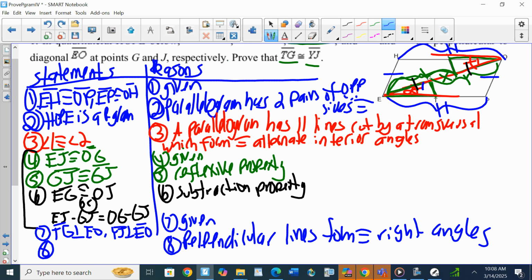Well, this is the right angle in the triangle formed when those intersect, and this is the other one. So you can put 3 and 4 in there. I don't know how I'm going to fit a little 3 in there. I'm just going to write it out. Angle TGE is congruent to angle YJO.